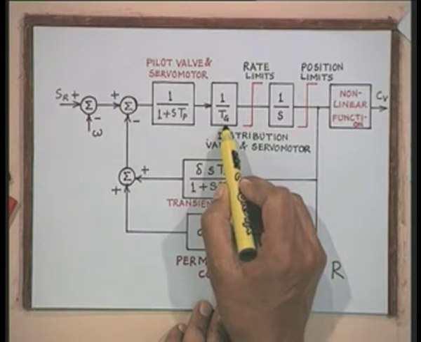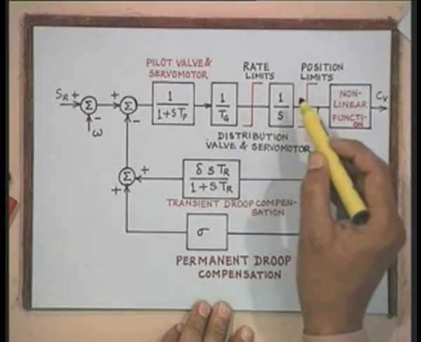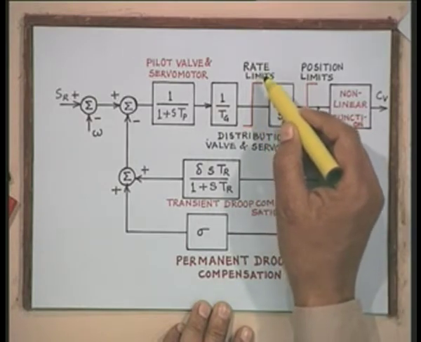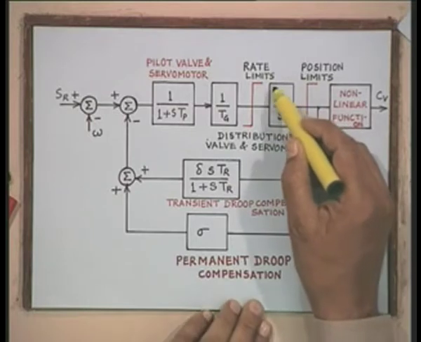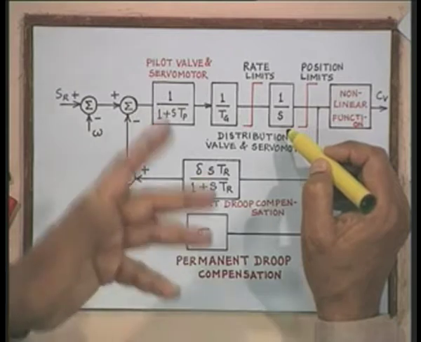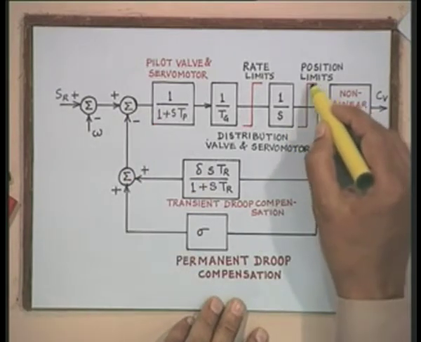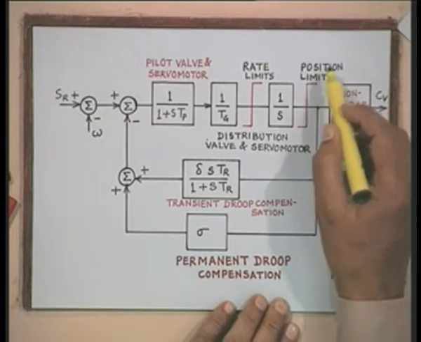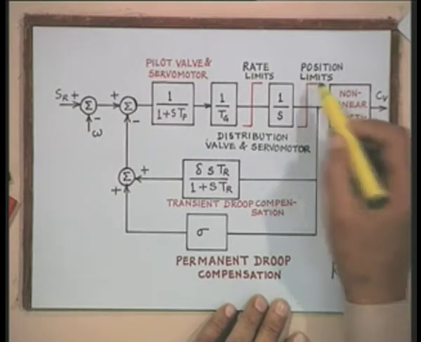TG stands for time constant of the distributor valve and servo motor. Here we show the rate limits. Then this transfer function 1 by S represents the integration function, and another limit which we have is the position limit.